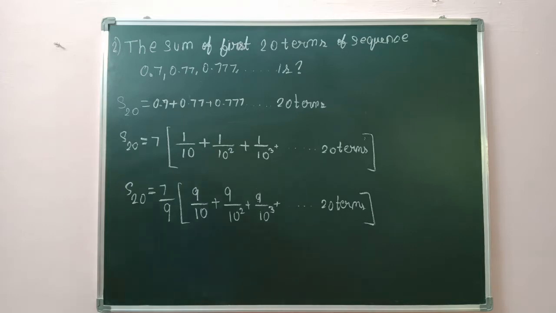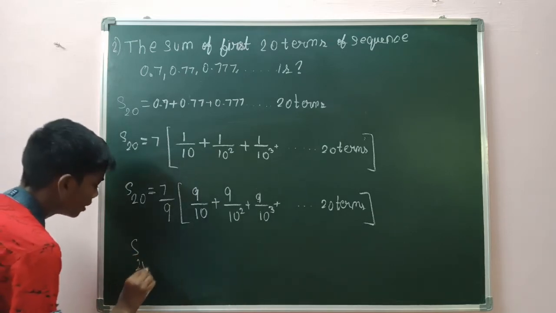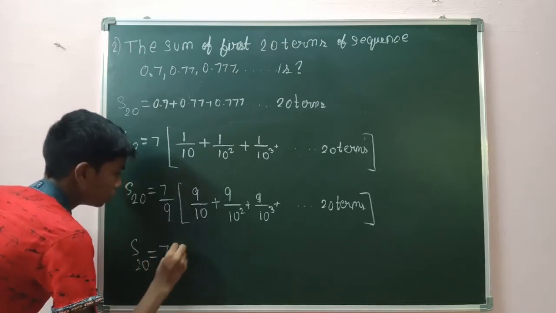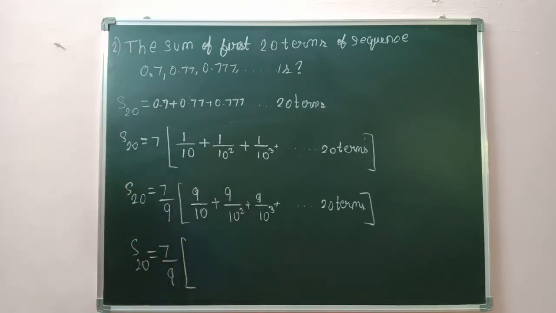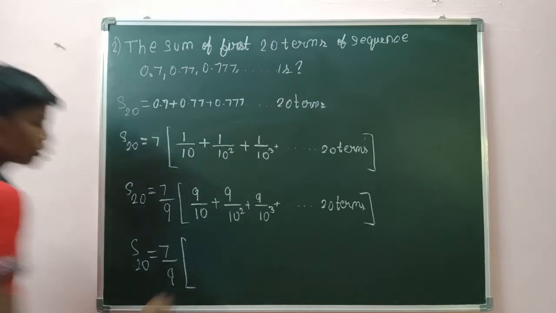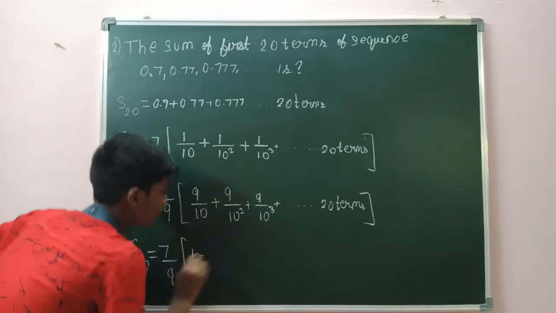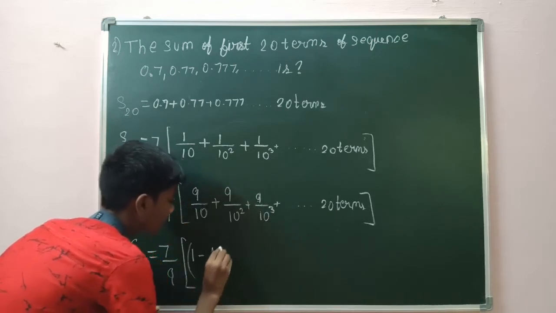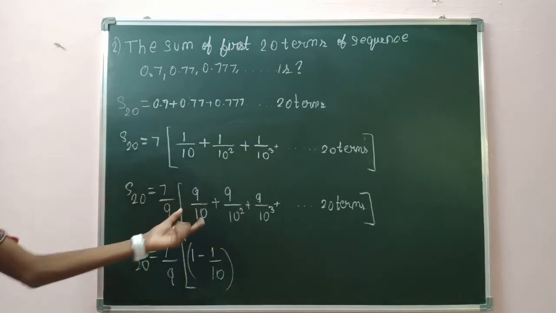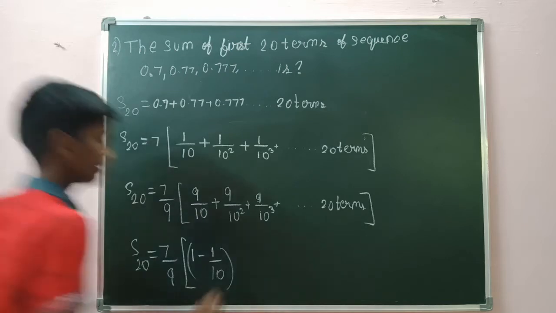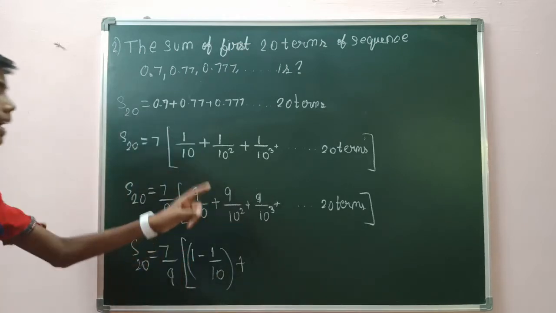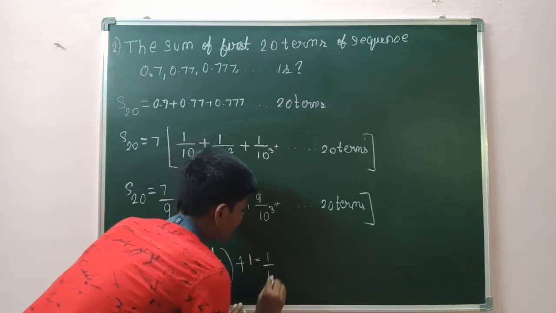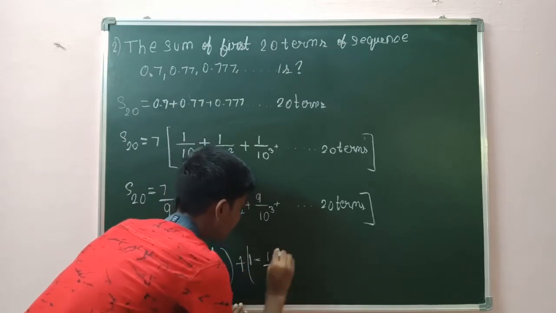Now after this, I can write this S20 as 1 by 9 into, I can write this 9 by 10 as 1 minus 1 by 10. Correct? I can write this 9 by 10 as 1 minus 1 by 10. Then plus, I can write this 9 by 10 square as 1 minus 1 by 10 square. Think carefully and say.